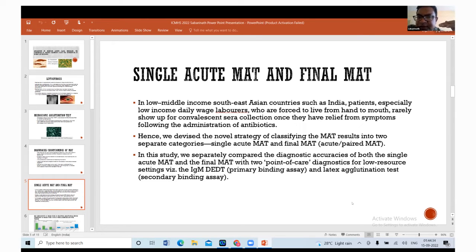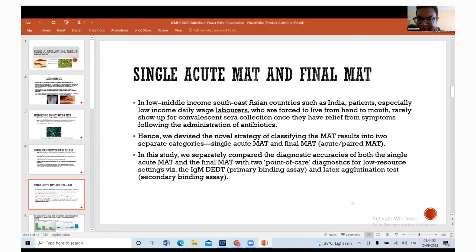They only come the first time, and once they get relief from symptoms after the administration of antibiotics, they don't show up for convalescent serum sample collection.